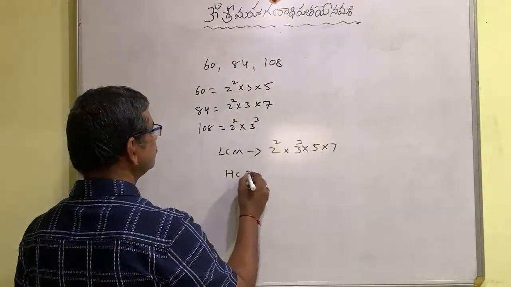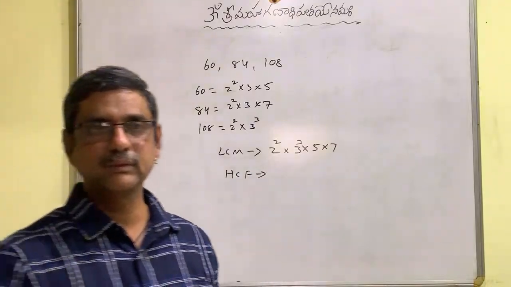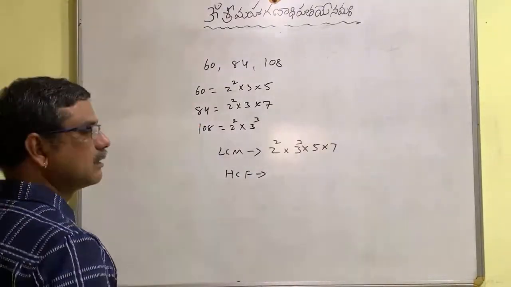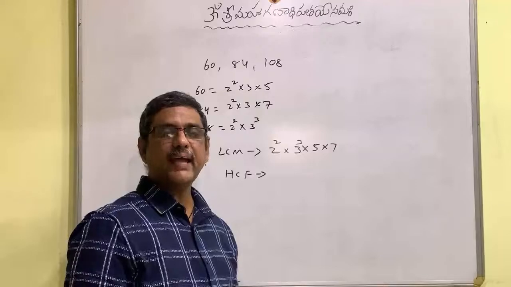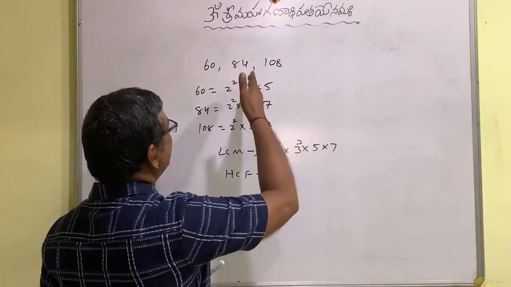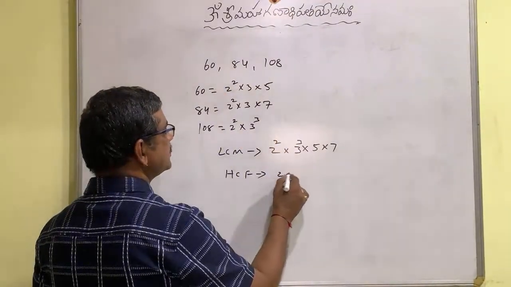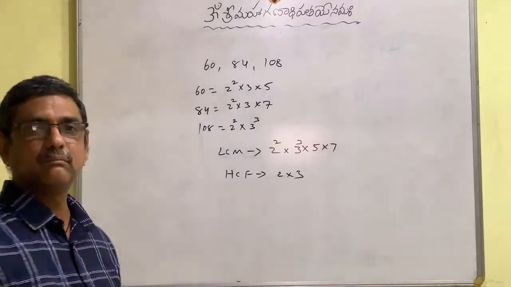How to find out HCF? Now take common prime factors. What are the common prime factors? From all the three, write common prime factors. 2 into 3 only.